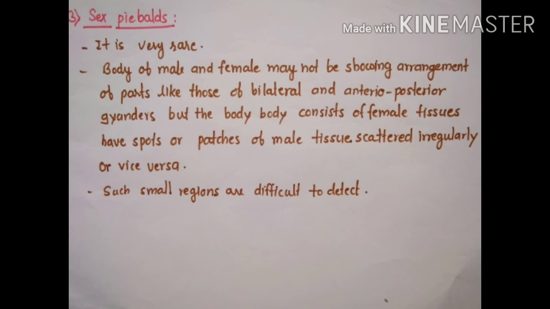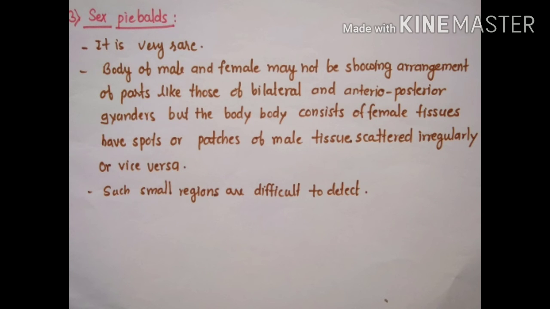We are going to study the third type, that is the sex piebald. In such a type of Gynandromorphus, a combination of both characteristics is observed. Such kinds of Gynandromorphus are very rare. Here, the body of a male and female may not show arrangement of parts like those of bilateral and antero-posterior gynander.